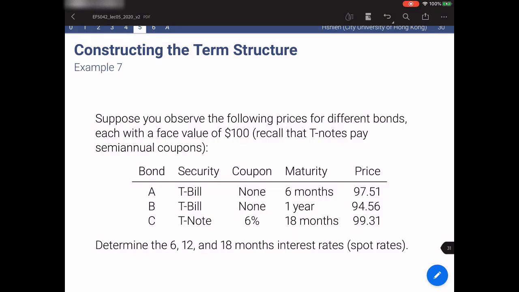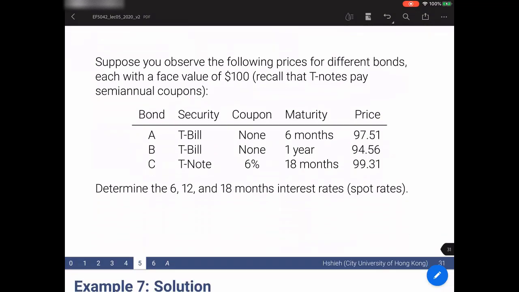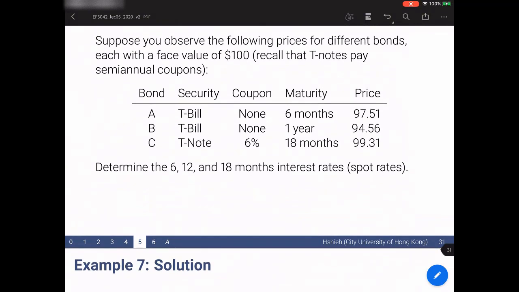And so our task here is to determine the 6, 12, and 18 months interest rates of the term structure, or the spot rates. All right, so first things first, we already have 0 coupon bonds, the Treasury bills, bond A and bond B. So let's first calculate the spot rates, or the term structure of interest rates for 6 months and 1 year.